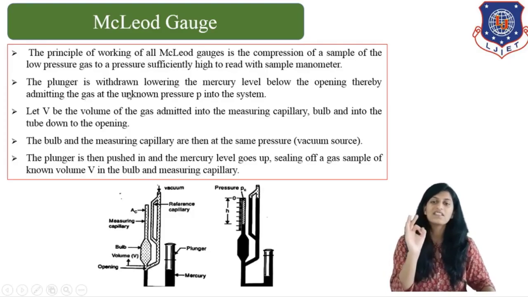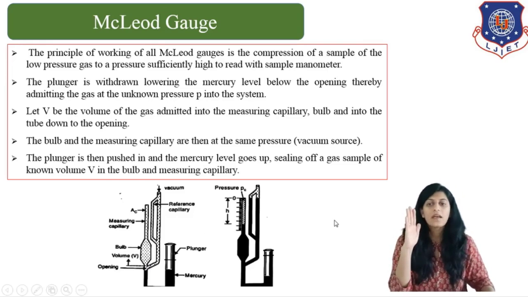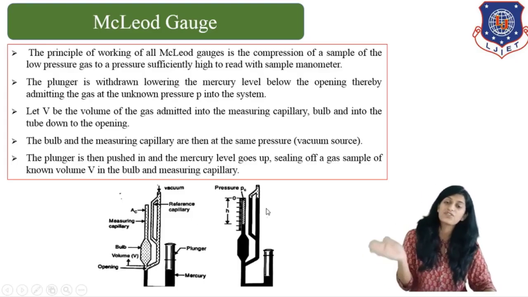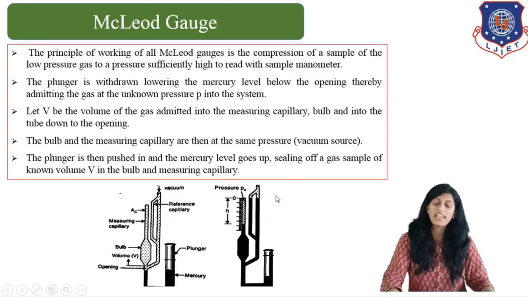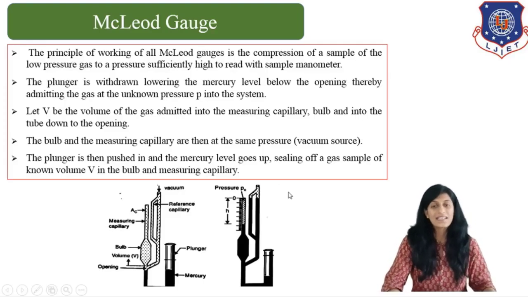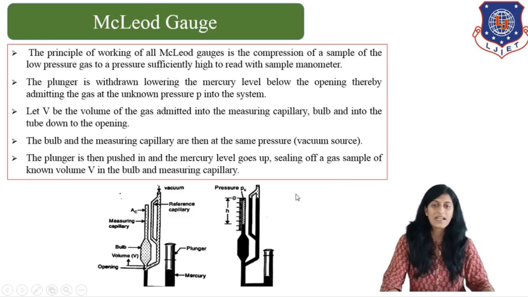The plunger is basically withdrawn, lowering the mercury level below the opening, and using that reference temperature and the temperature which was sensed after the equipment is connected to the device, we can determine the pressure. The bulb and measuring capillary are then at the same vacuum pressure.